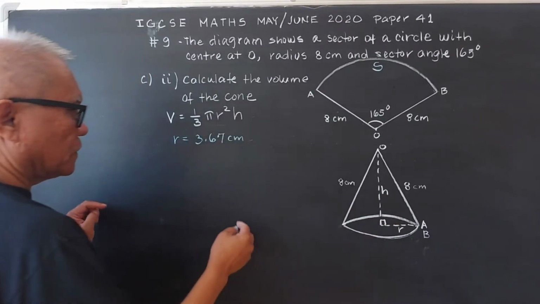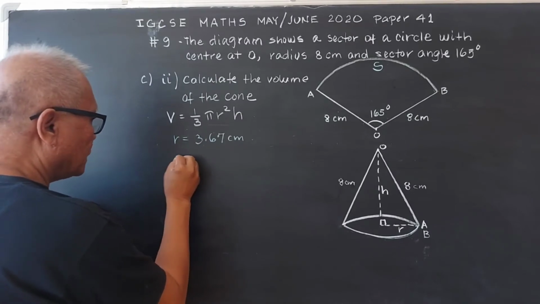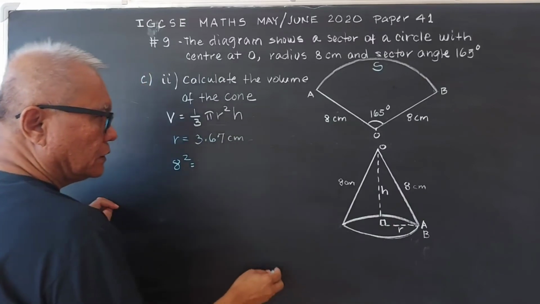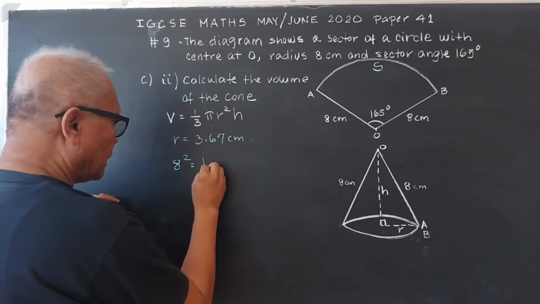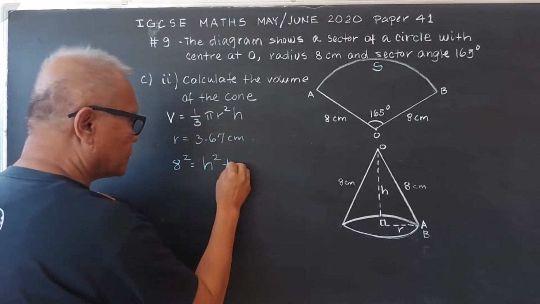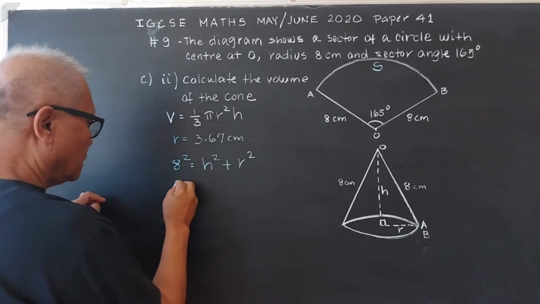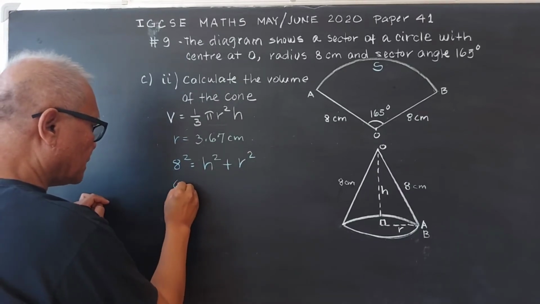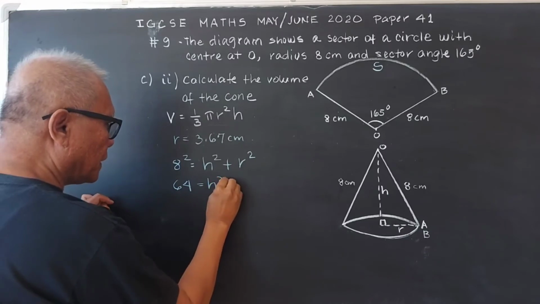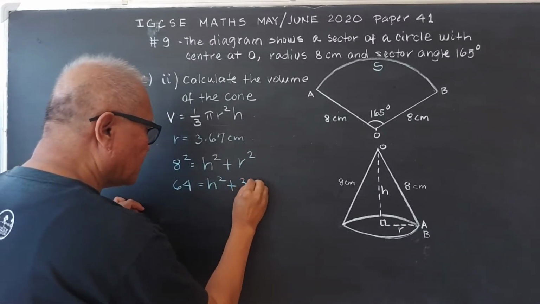So we have 8 squared, the hypotenuse of the triangle, is equal to h squared plus the radius squared. And we have 8 times 8 is 64, equal to h squared plus 3.67 squared.